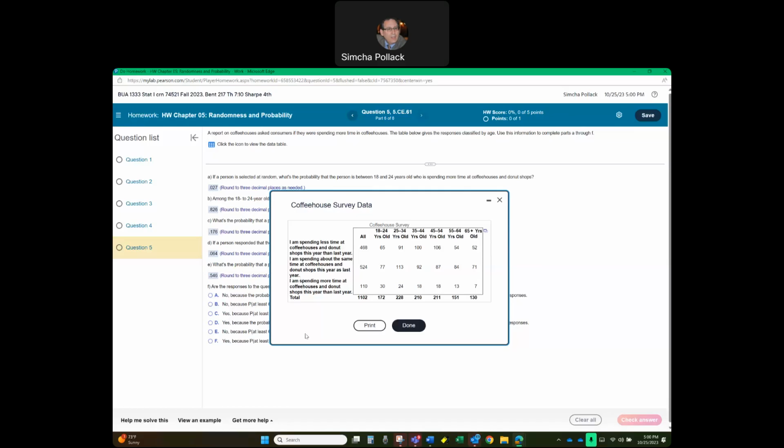So let's see that. How many people are between 18 to 24? It's 172 divided by 1102, which came out to 15.6%. Keep that in mind. Let's round it to 16%. If you know for a fact the person was spending more time, how many are 18 to 24? Well, 30 out of 172. 30 divided by 172 comes out to 17%.